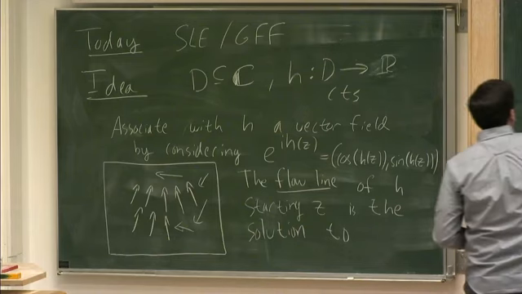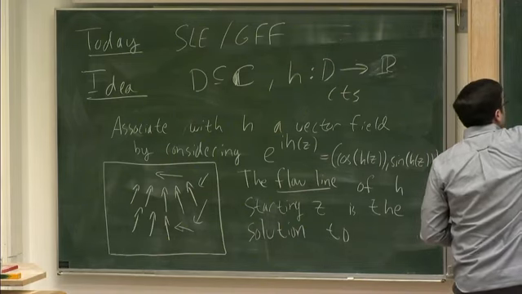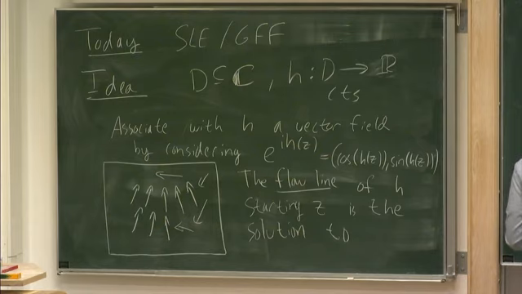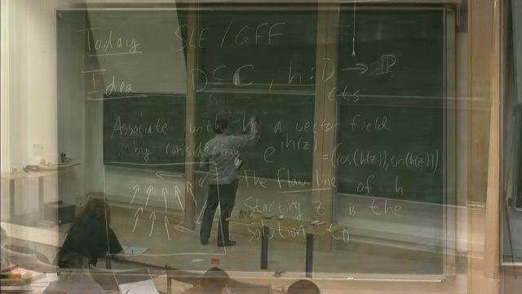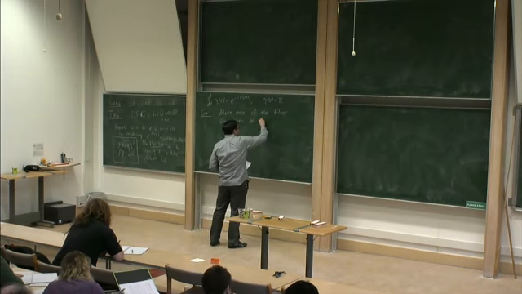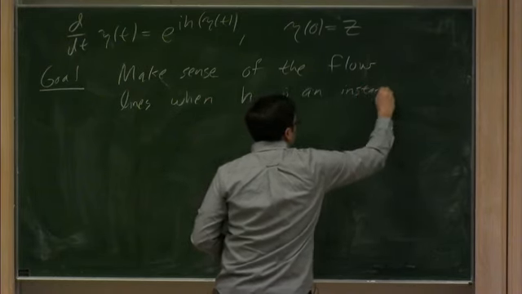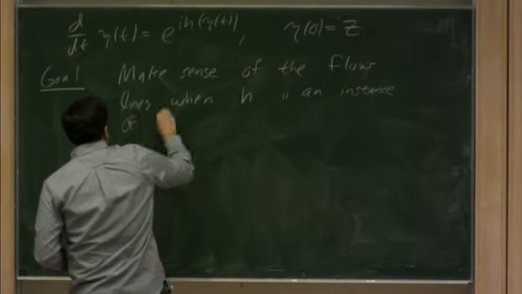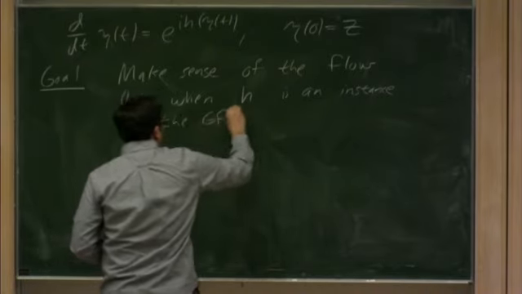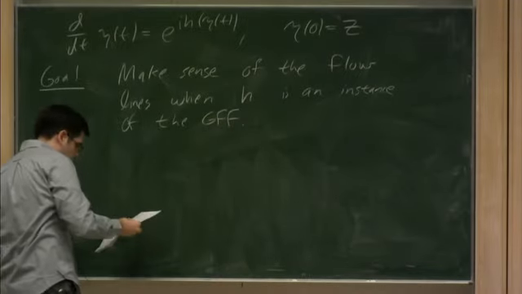And what we want to do now, so our goal for today, is we want to make sense of the flow lines when h is not a continuous function, but rather h is an instance of the Gaussian free field. Okay, so that's what we want to do.